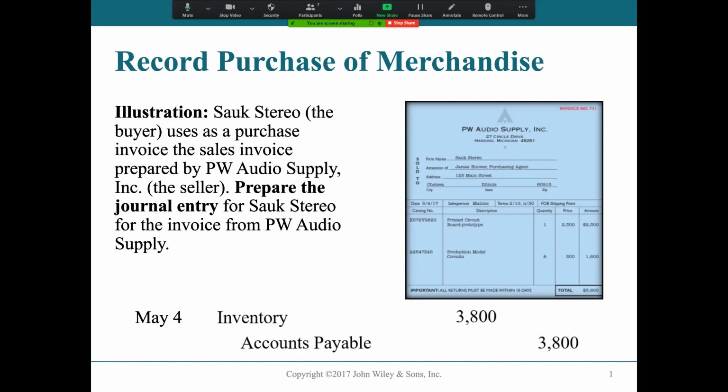We're going to debit the asset account inventory. Inventory is just the stuff we have available to sell. And then we're going to credit accounts payable, meaning we owe that supplier for this. If we had paid the supplier in cash, then it would look the same, except we would debit inventory and we would credit cash. So there's a basic purchase entry.